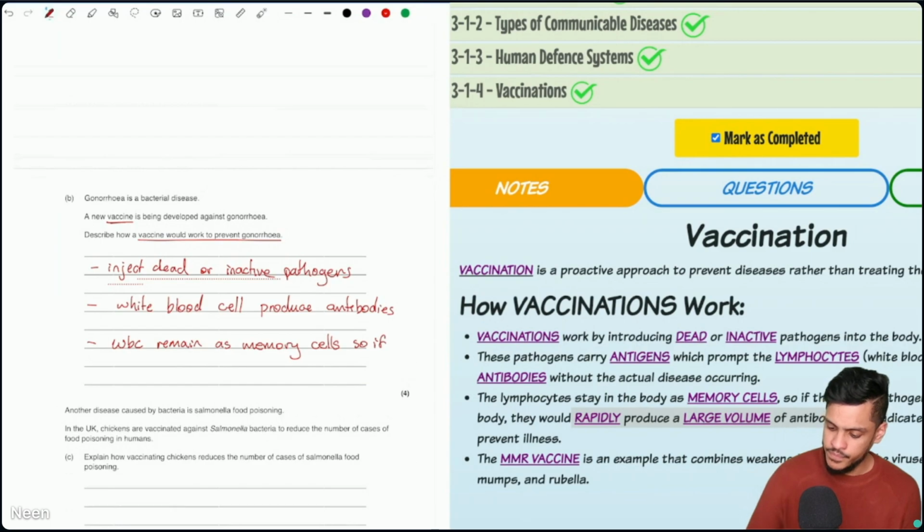So if the pathogen was to re-enter, antibodies will rapidly be produced.